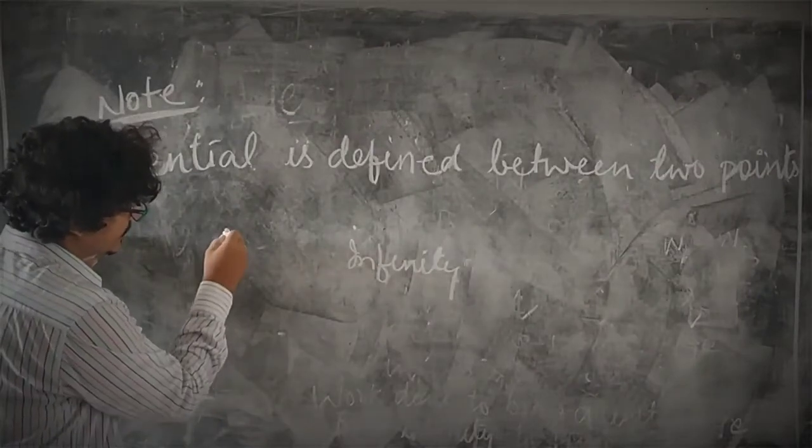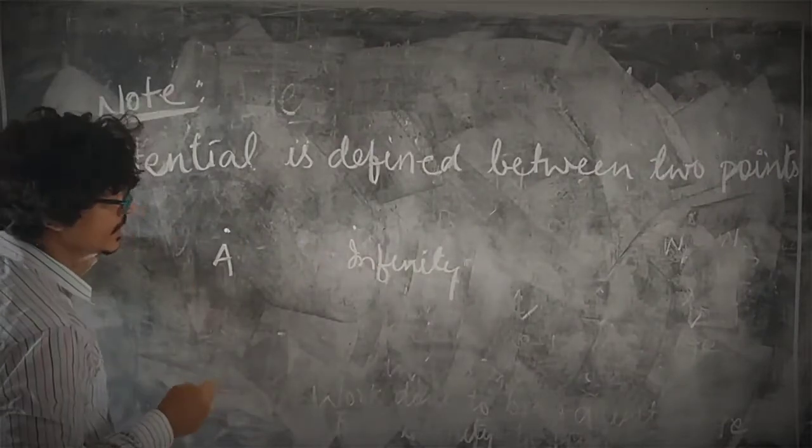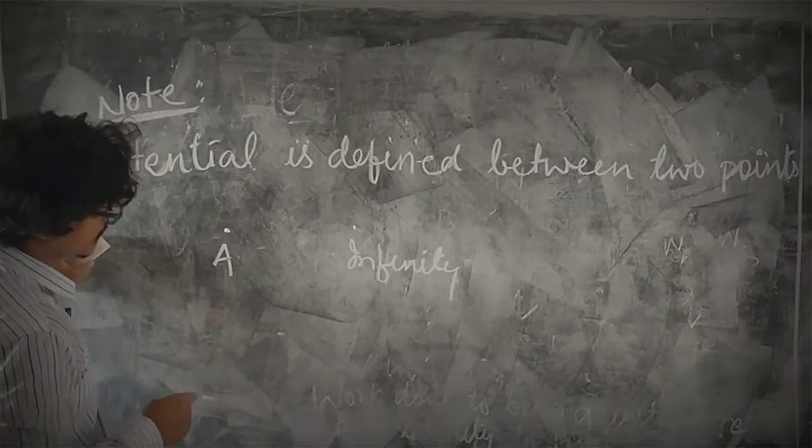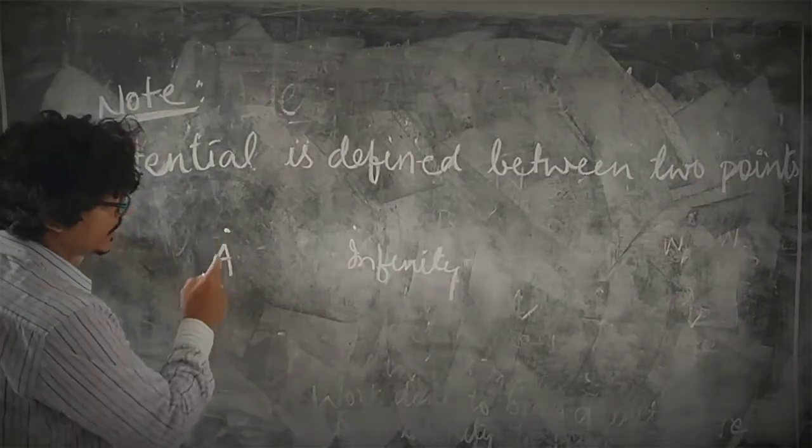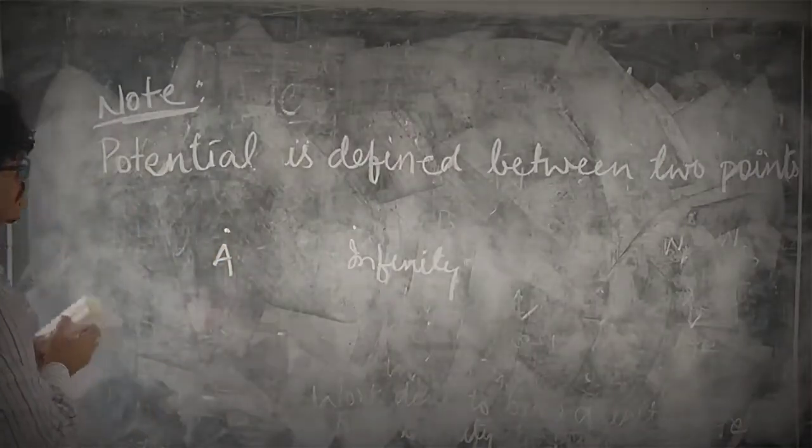If someone is saying potential at A, it is actually the potential difference between A and infinity.